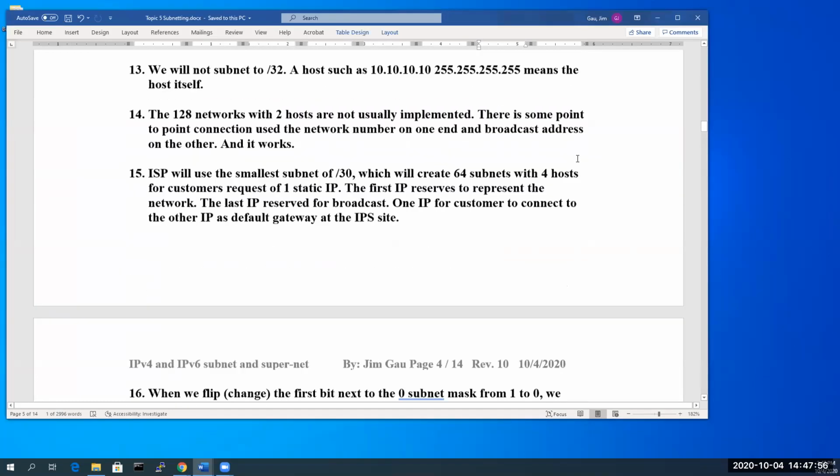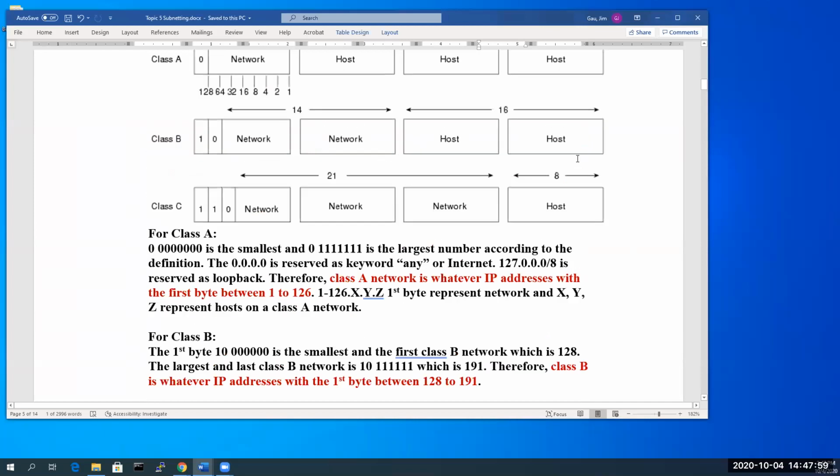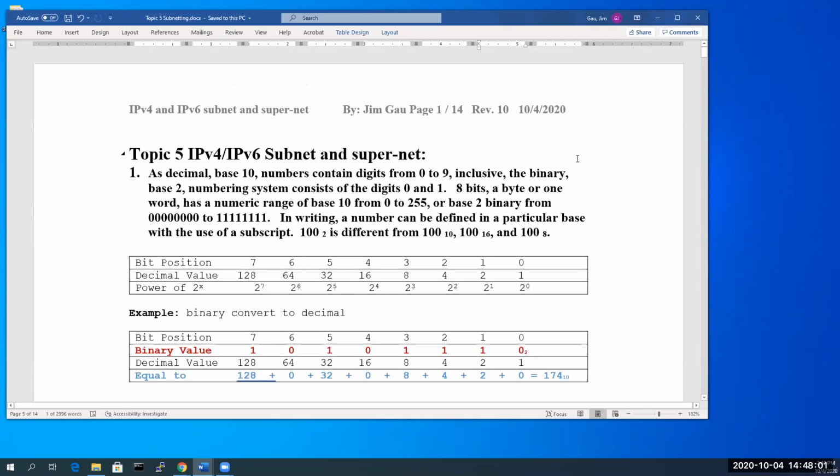All right, first, let's go through these notes that I put in here. Decimal is a base 10 number. It of course contains digits from 0 to 9, and when we reach 10, it will carry over. When it's base 2, that means we only have 0 and 1, and when you reach 2, it carries over and becomes 1, 0.